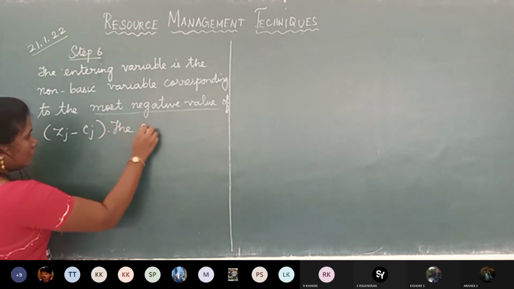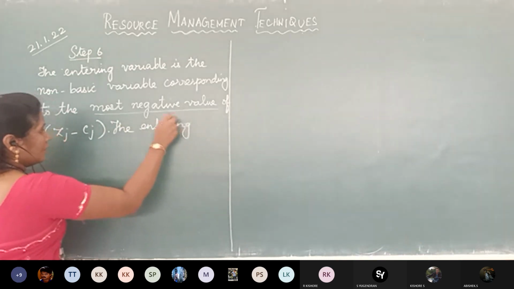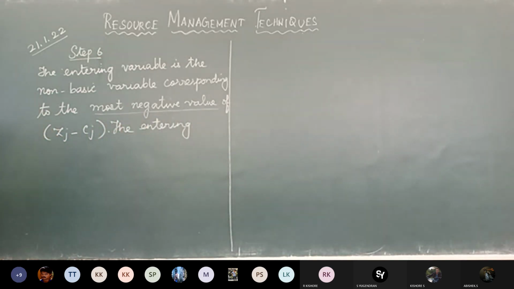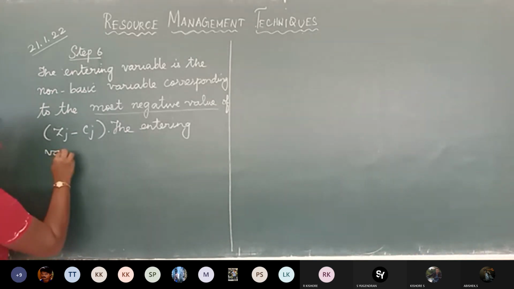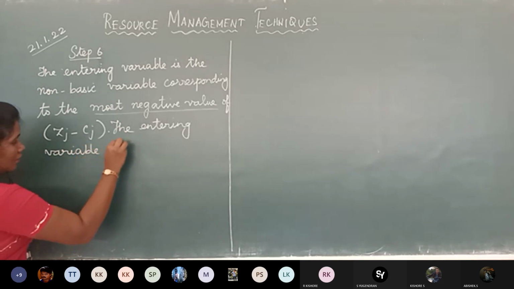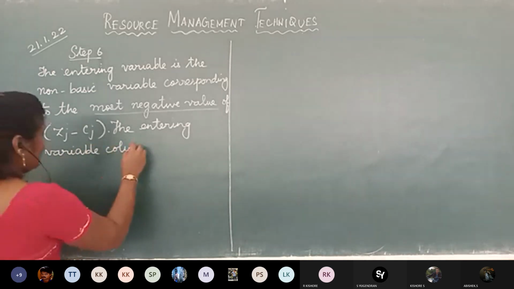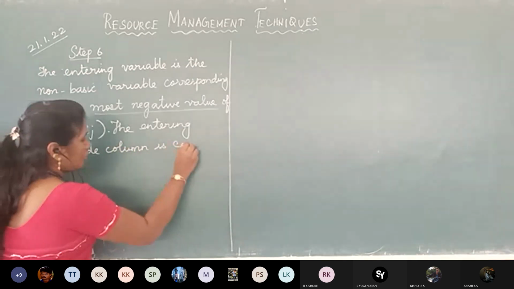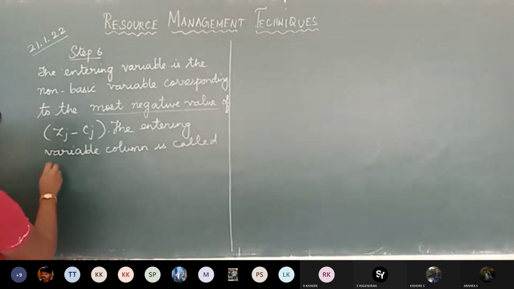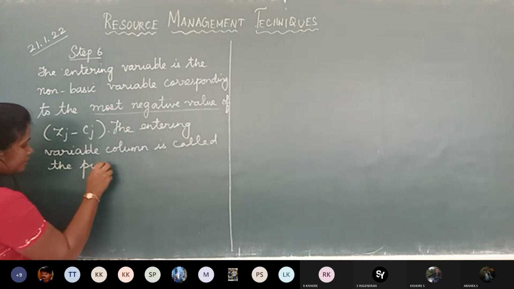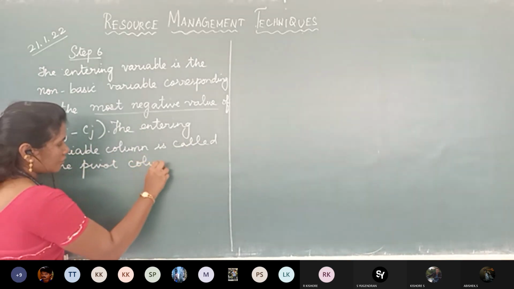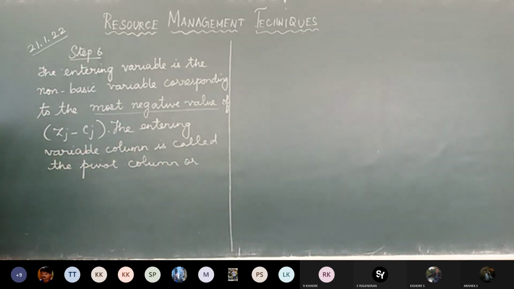The entering variable column is called the pivot column, or the key column.